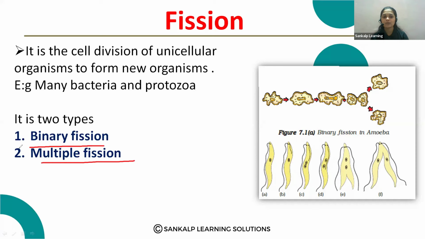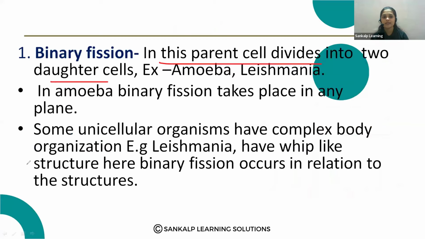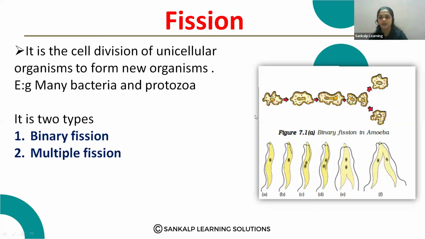What do you mean by binary fission? Binary fission you can observe in the amoeba. Here the parent cell divides into two daughter cells. Just observe this diagram. In binary fission, the parent organism will divide into two new organisms. Here, you can observe binary fission in amoeba.